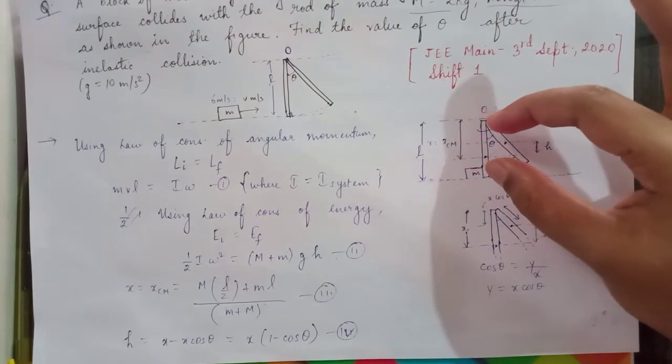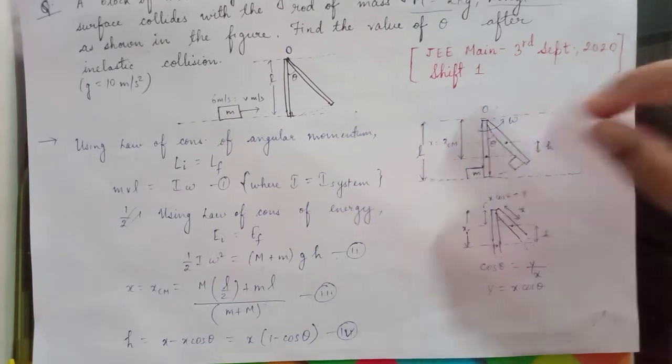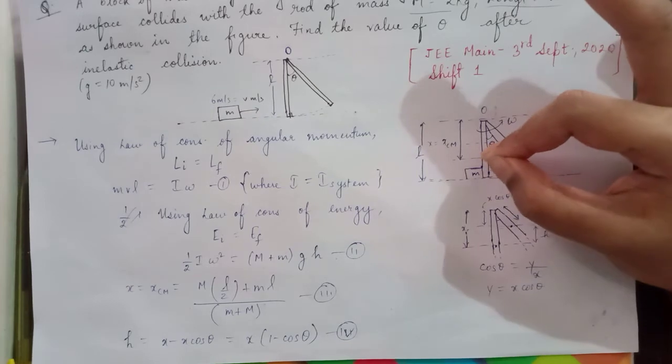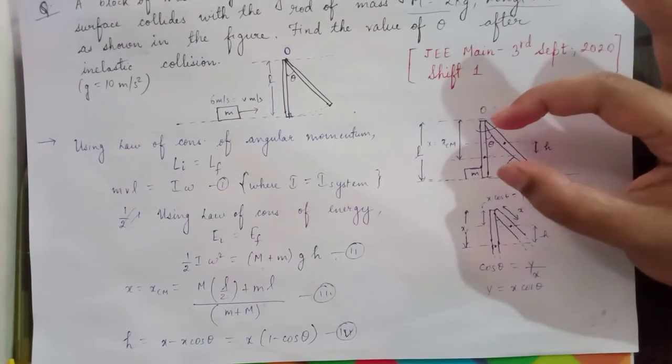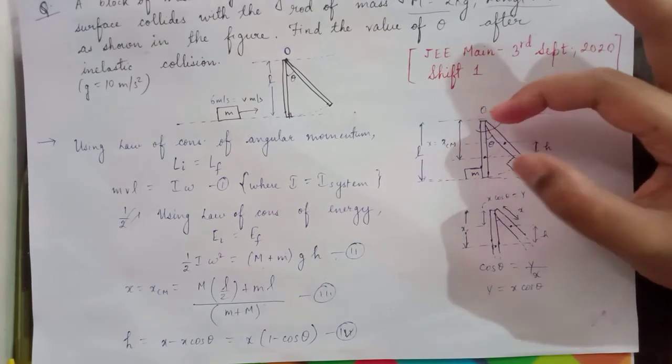And this is the center of mass of the combined system, and not the rod. You can see here that this point is not lying in the middle of the rod, it's lying a little below, because we have taken the center of mass of the combined system.